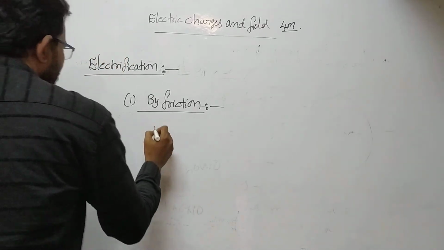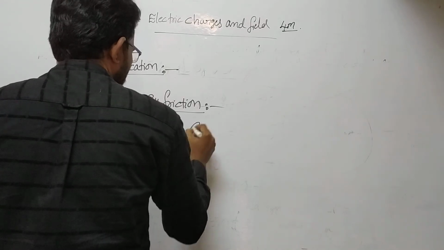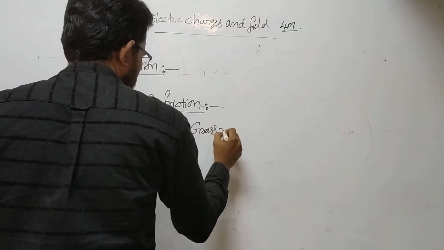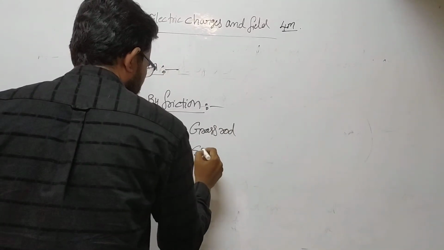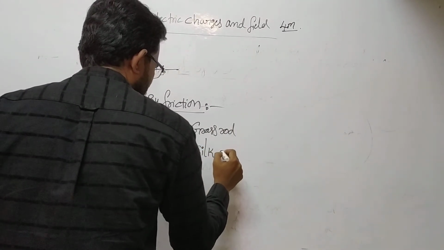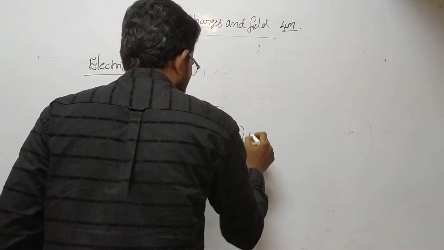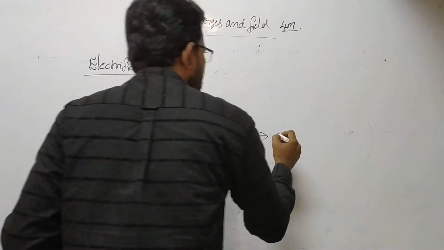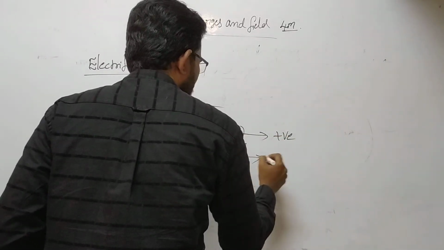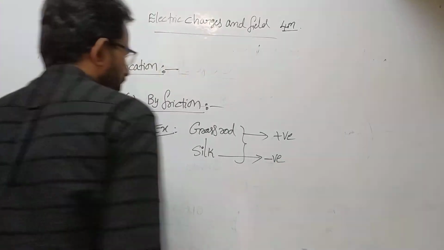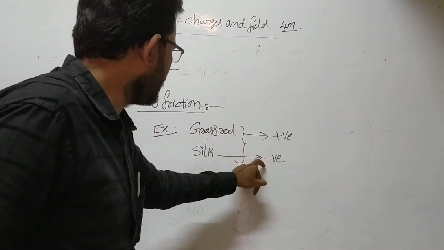Example, you take a glass rod and rub it with a silk cloth. When you rub it with silk cloth, the glass rod becomes positive and the silk cloth becomes negative.